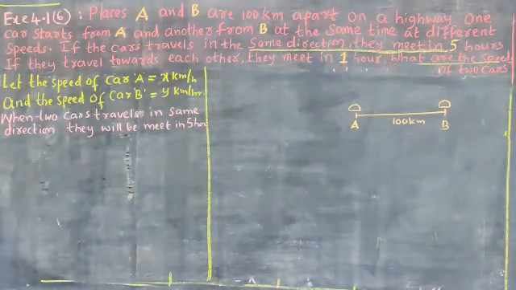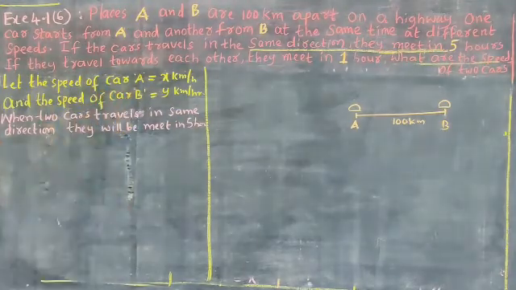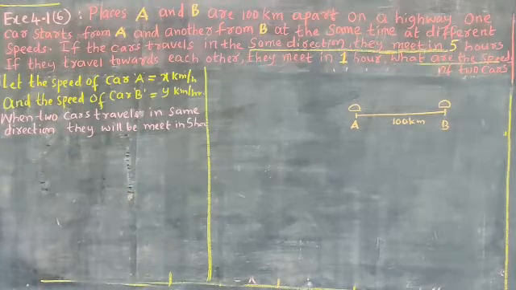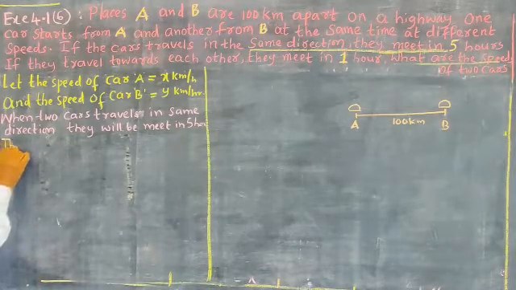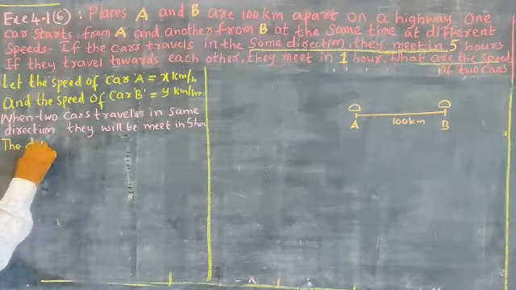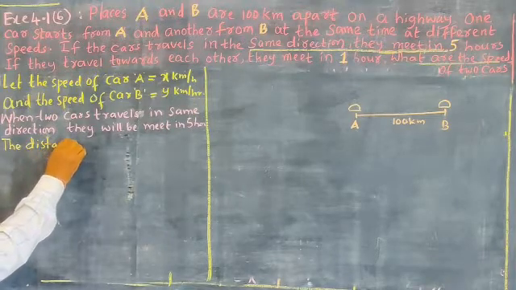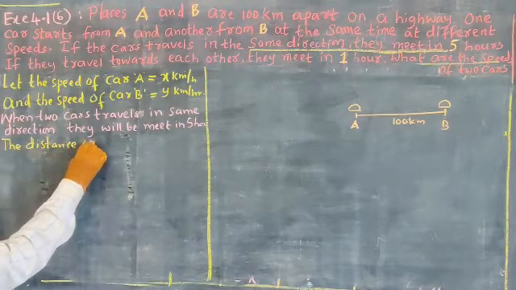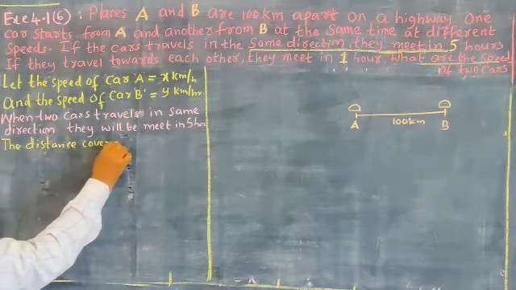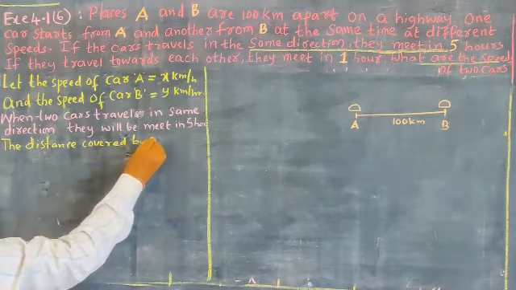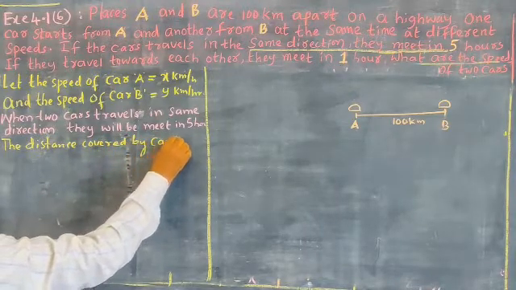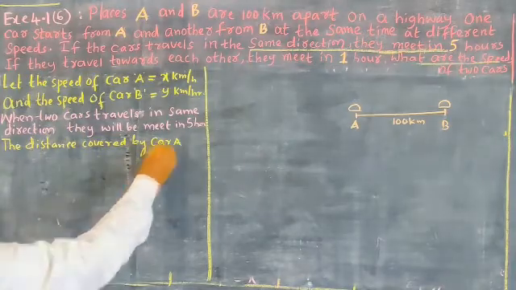So in 5 hours, how much distance is covered by car A? That I am going to find out. The distance covered by car A is equal to, how to find it?